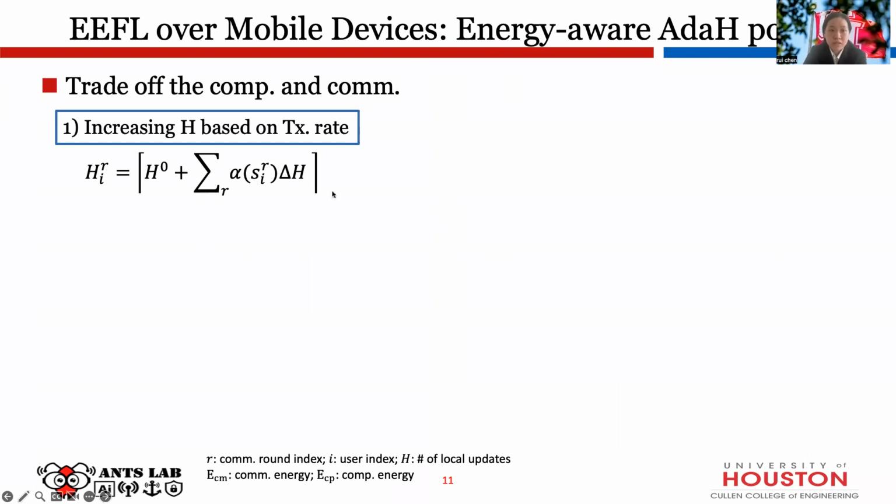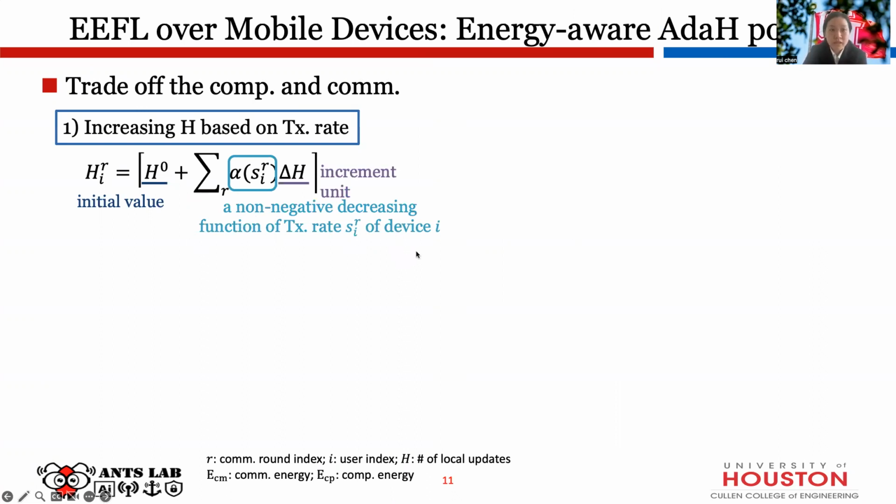The increasing policy is defined as follows. First, H0 represents the initial value. The alpha function is a non-negative decreasing function of the transmission rate of device i. Delta H is the increment unit.